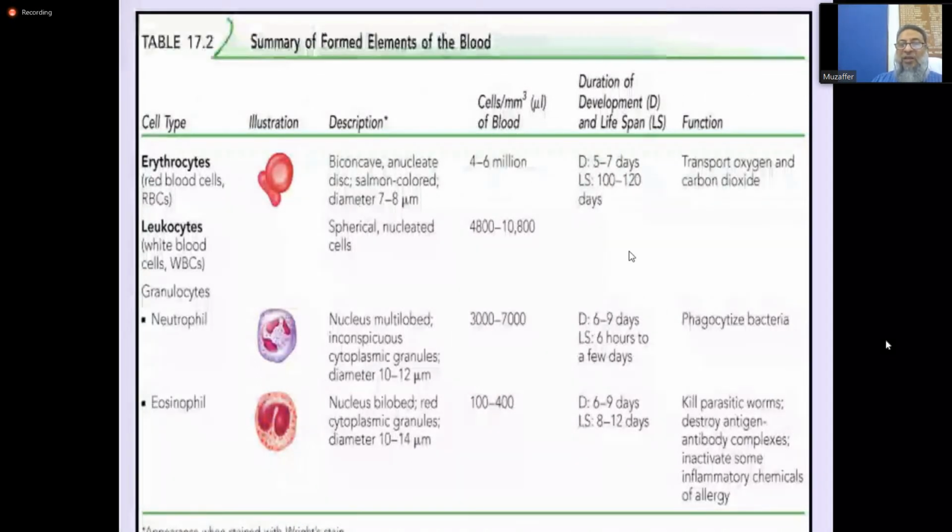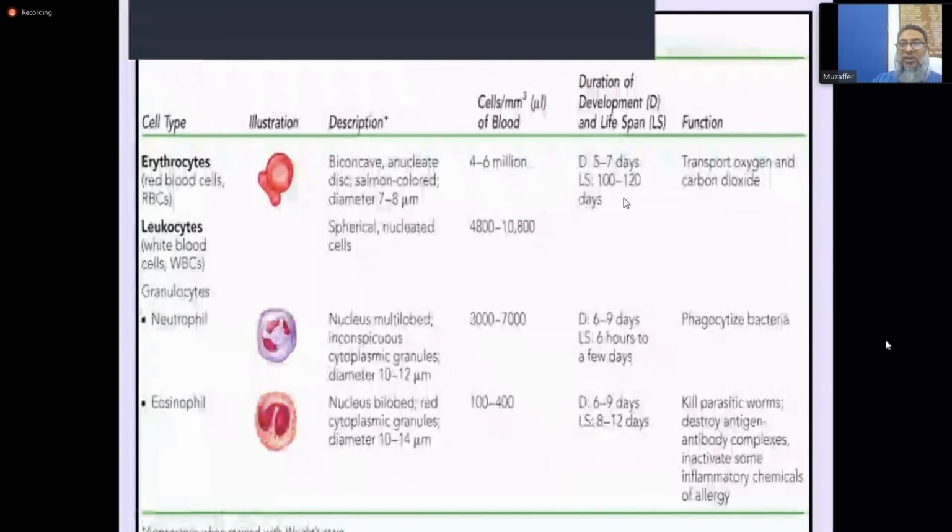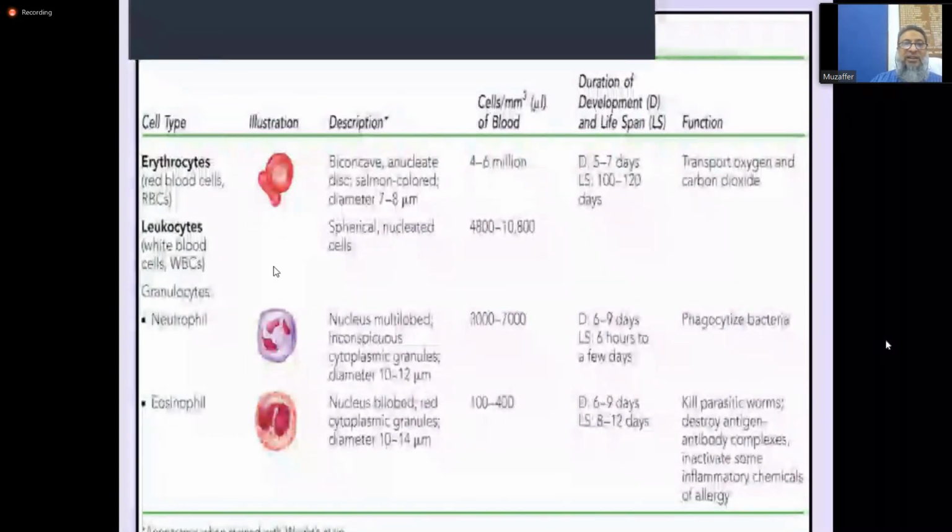RBCs have the greater lifespan of about 120 days, while these live from 6 hours to a few days, and eosinophils, you can see, 8 to 12 days, have a greater lifespan.